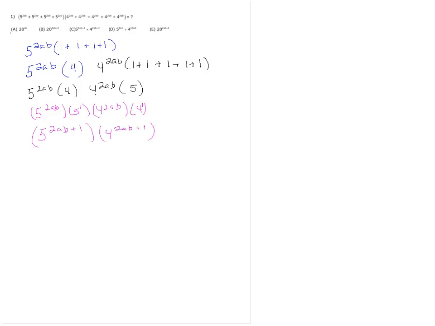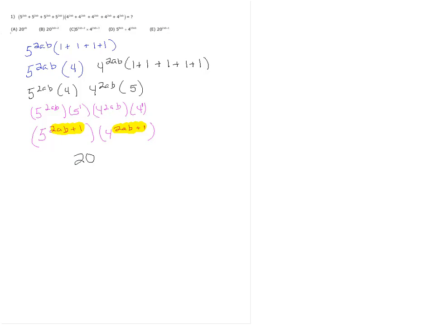So you've seen most of this up until this point. But now, what do we do? We have bases of 4 and 5, which are dissimilar. But if we take a look at the exponents, we can see that the exponents are actually the same. And this is an important rule. Whenever we have the same exponents, we can keep the common exponent and multiply the bases.